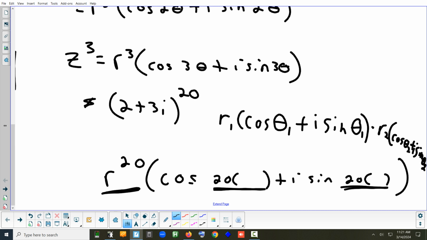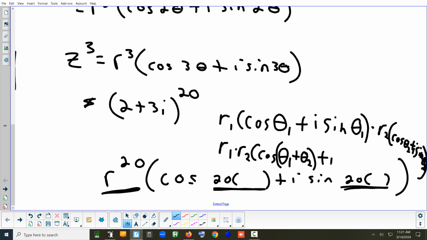Oh, treating it as like what we did yesterday? Yep. Yeah, and with the r1 plus, or no, not plus, times. Yeah. r1 times r2, yep, and then the cosine theta 1 plus theta 2, yep, like this.